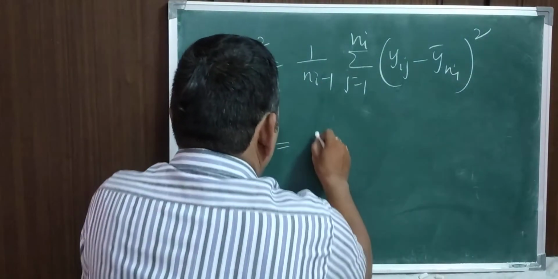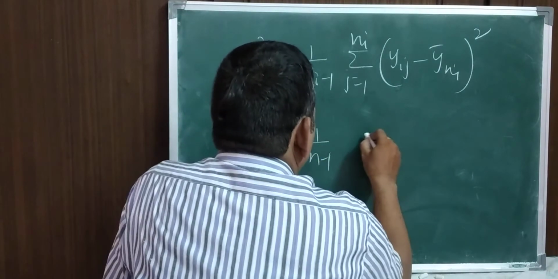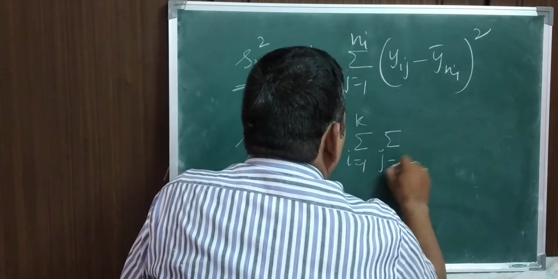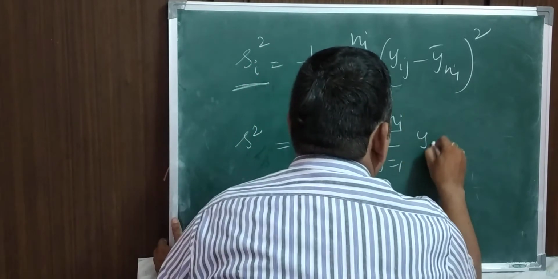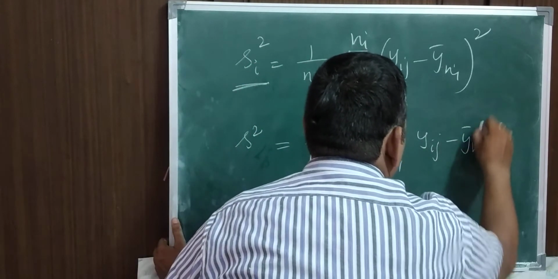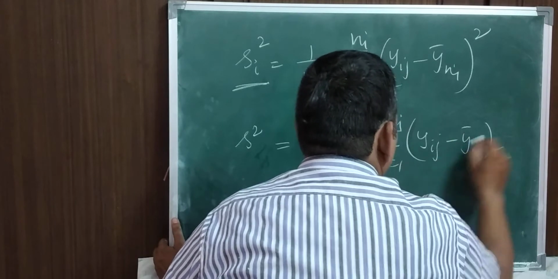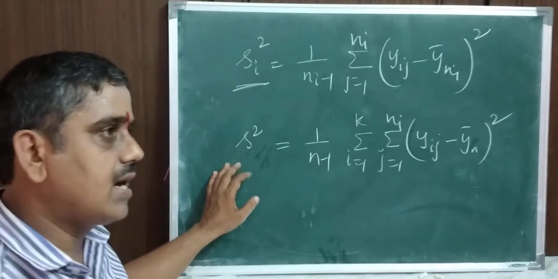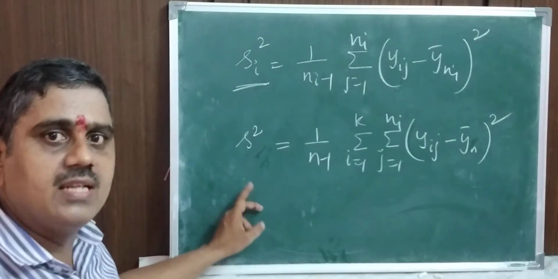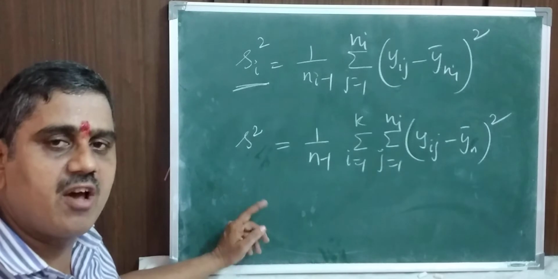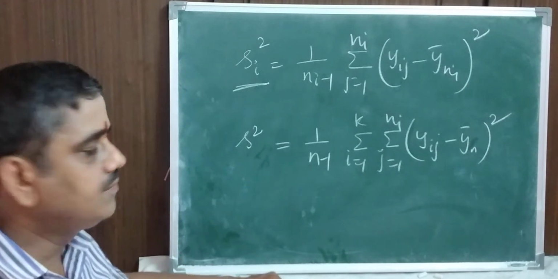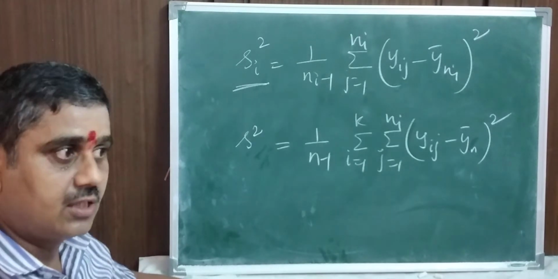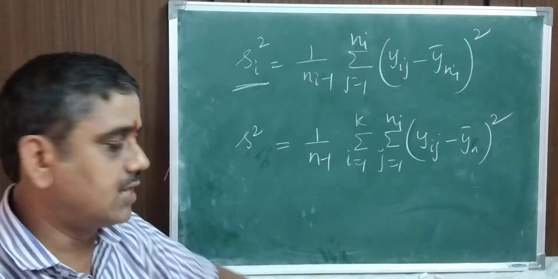S square is 1 by n minus 1 summation i is equal to 1 to k summation j is equal to 1 to ni, yij minus y bar n, the whole square. This is the sample mean square of the stratified random sample. The other is the sample mean square of the simple random sample, technically applied in the ith stratum.